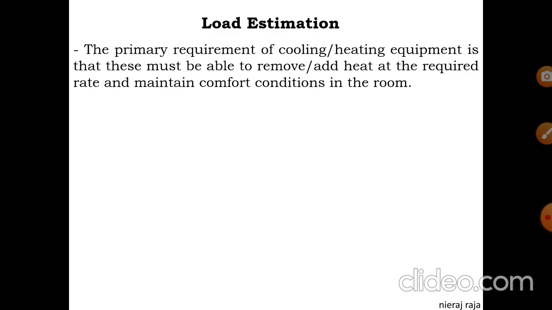The primary requirement of cooling or heating equipment is that it must be able to remove or add heat at the required rate and maintain the comfort conditions in the room.